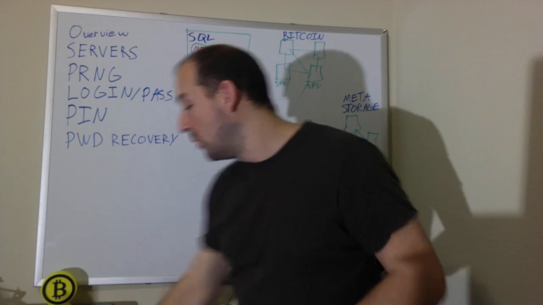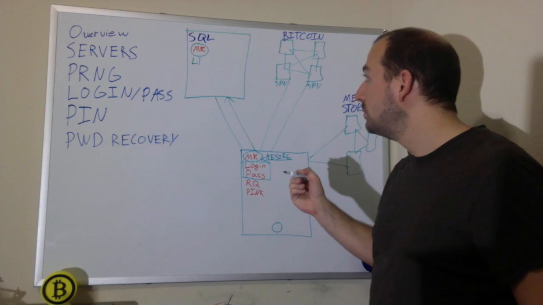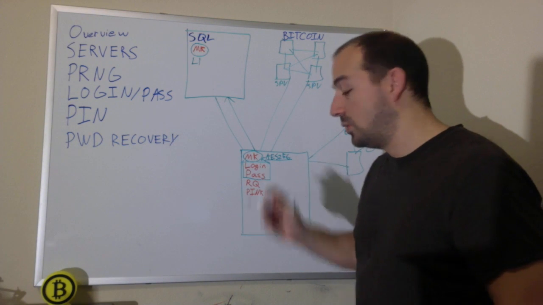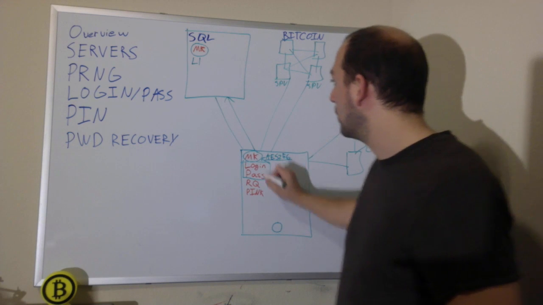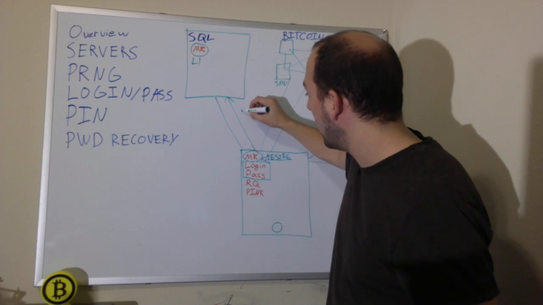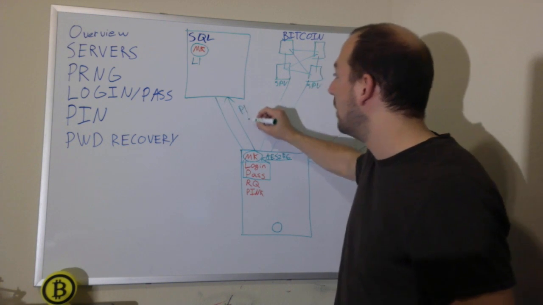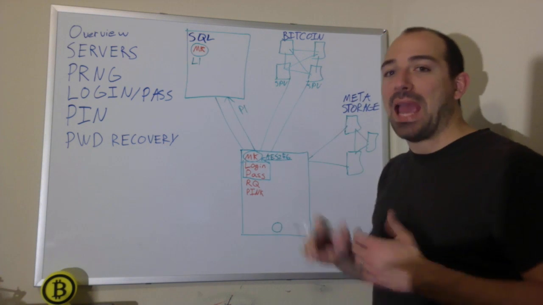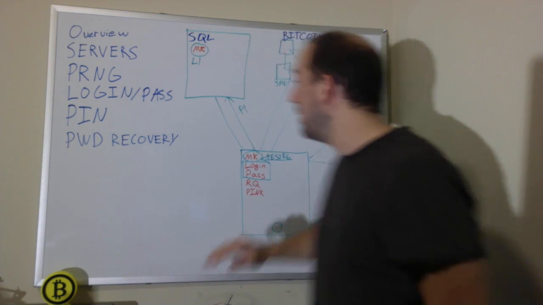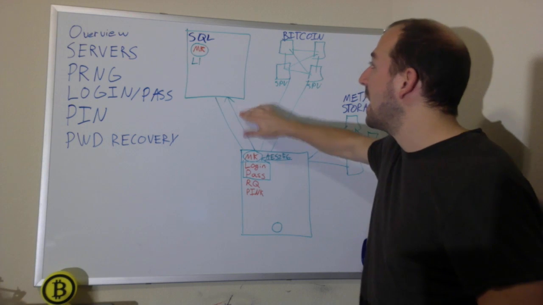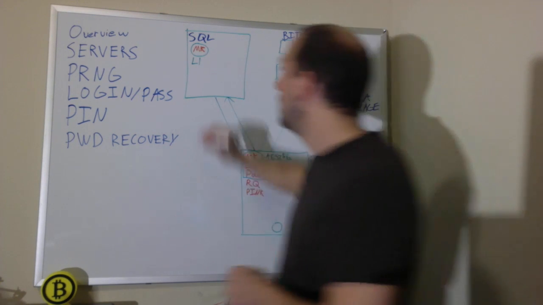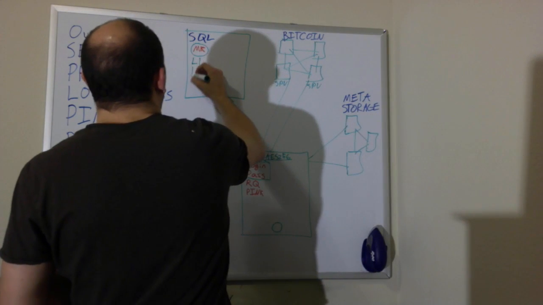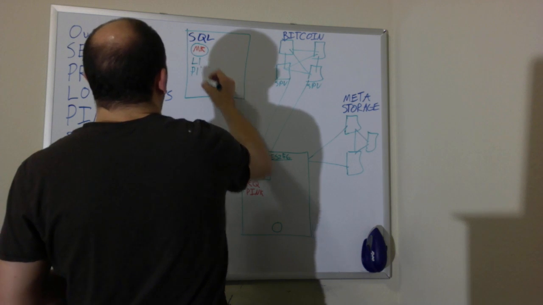Now, also your password on the wire is sent as, we'll call it P1, and that's a hash of your password. But what's actually stored on your authentication server is P1 prime.